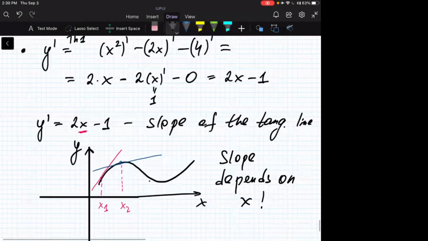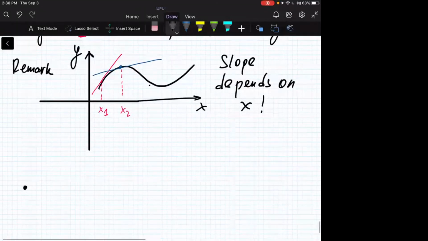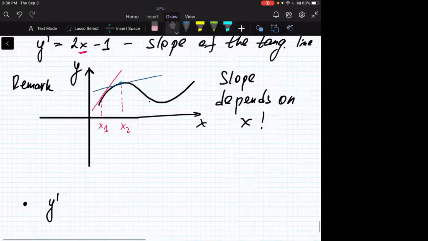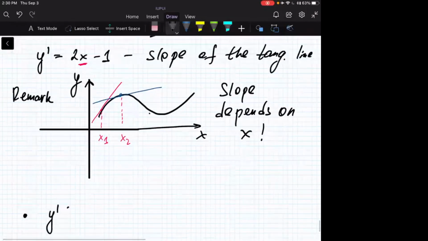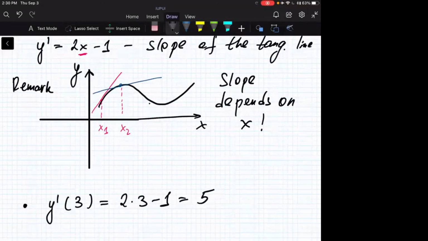Okay. This is first step, and just remark again. Second step is to evaluate my derivative at the given point y prime, and I'm interested at point 3. Y prime at 3 is equal to 2 times 3 minus 2, which is 4.